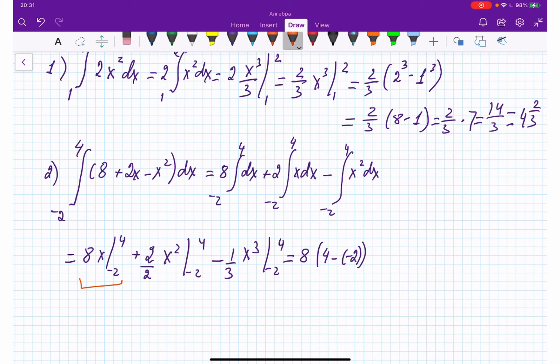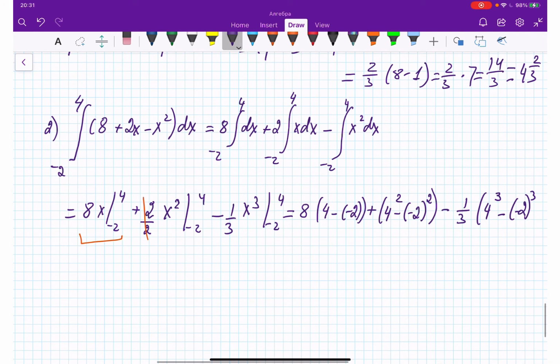Next, since this is gone, I have only x squared, it's going to be plus 4 squared minus -2 squared, and minus 1/3 of 4 to the power 3 minus negative 2 to the power 3.